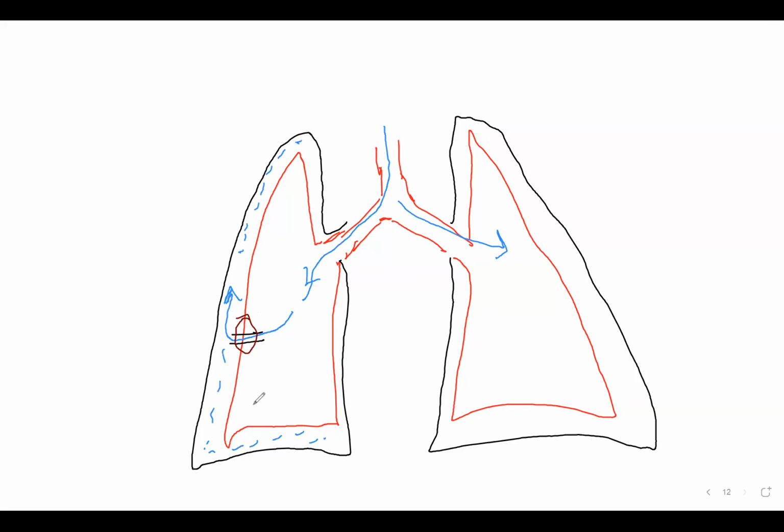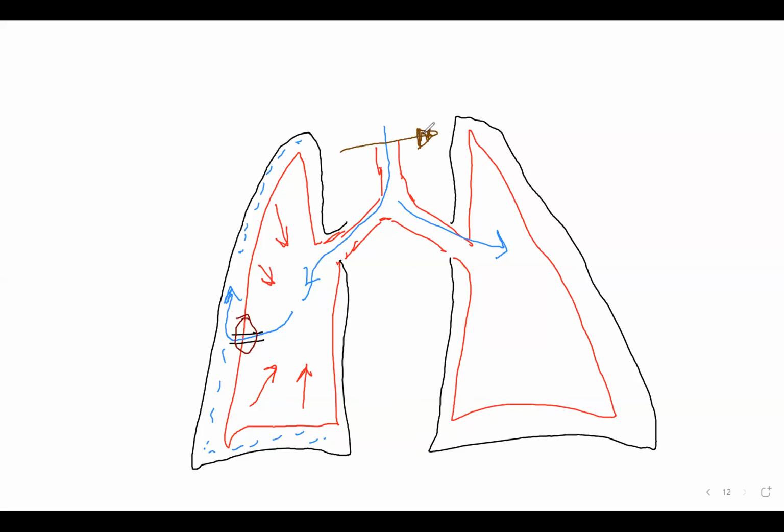The lung is compressed because of the pressure that is building up in the pleural space. Okay? Now, you will notice this pressure will build so much that the mediastinum will shift to the contralateral side.